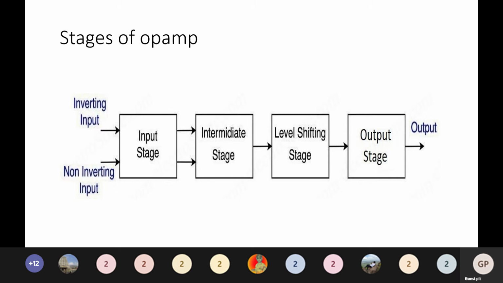So what happens when you are giving an AC input? We are supposed to get the amplified version of that AC input signal. But this AC input signal will get shifted by a DC amount, since your DC is also getting amplified.